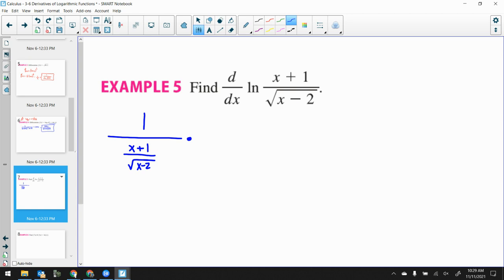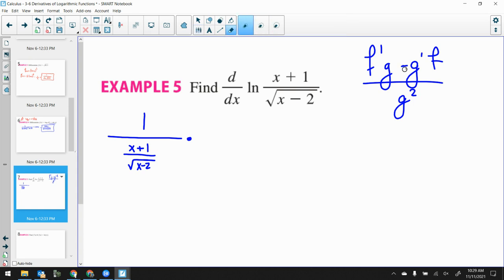Now, when I multiply by the derivative of the inside, what is the inside? Isn't it a quotient? Got to use the quotient rule. It's a fraction. So again, I have to take f prime g minus g prime f, all over g squared. Minus, thank you.